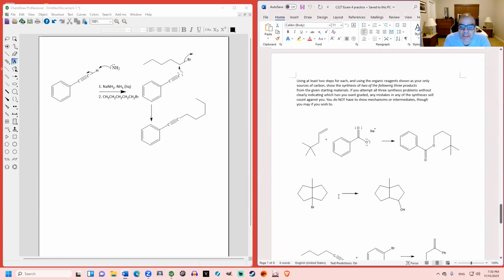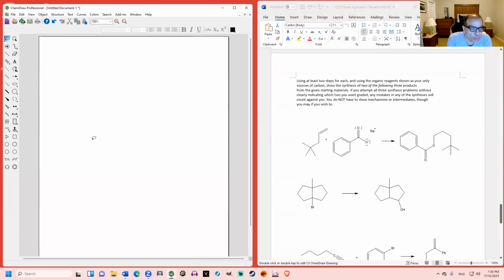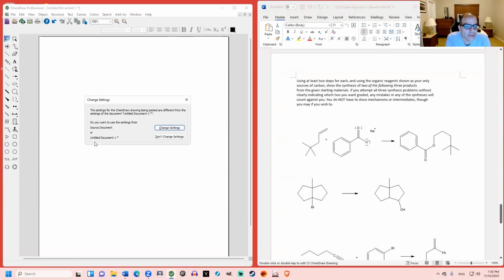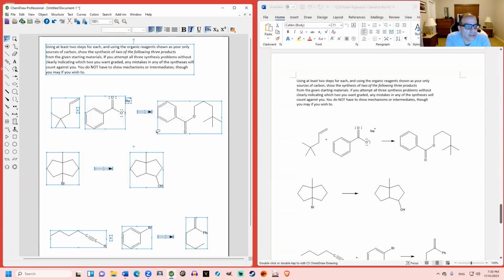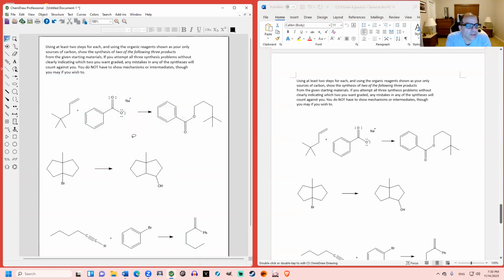And last but not least, we have half an hour to talk about synthesis problems, which we're also going to cover in class tomorrow. So the goal of a synthesis question, and you can tell it's a synthesis question because it says show the synthesis of two of the following three products.